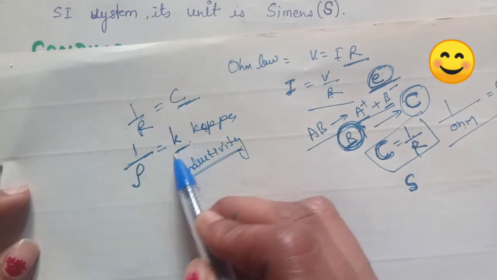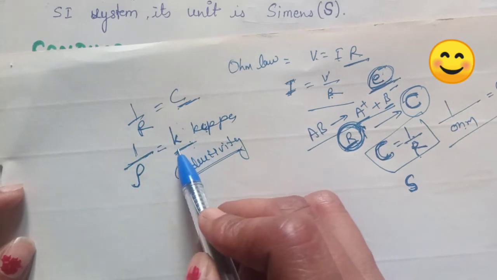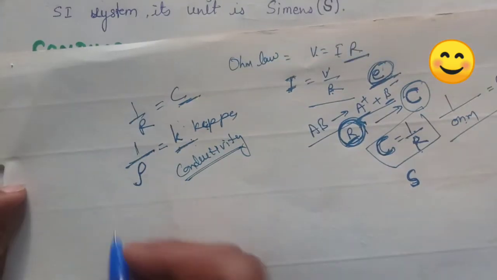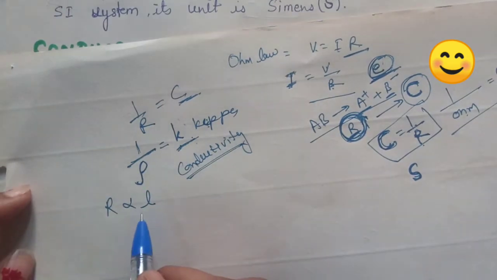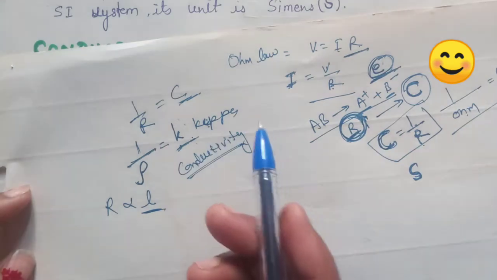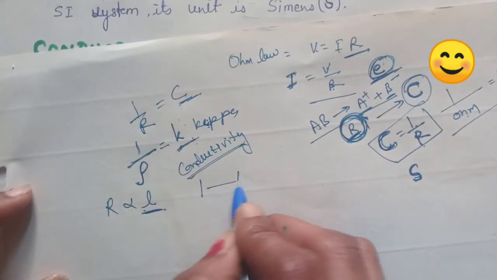Now, how can we calculate the formula for specific conductance or conductivity? As we know, R is directly proportional to L. L means the length of the wire in metal conductors, but in electrolytic cells L is the distance between the two electrodes.